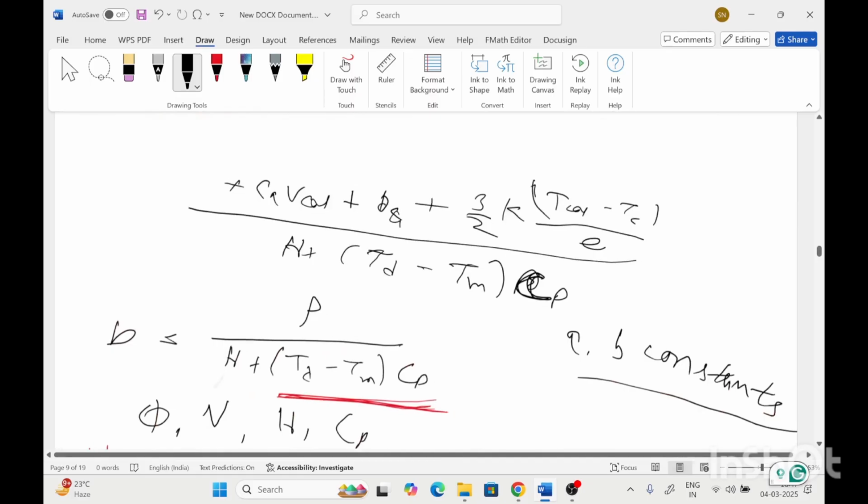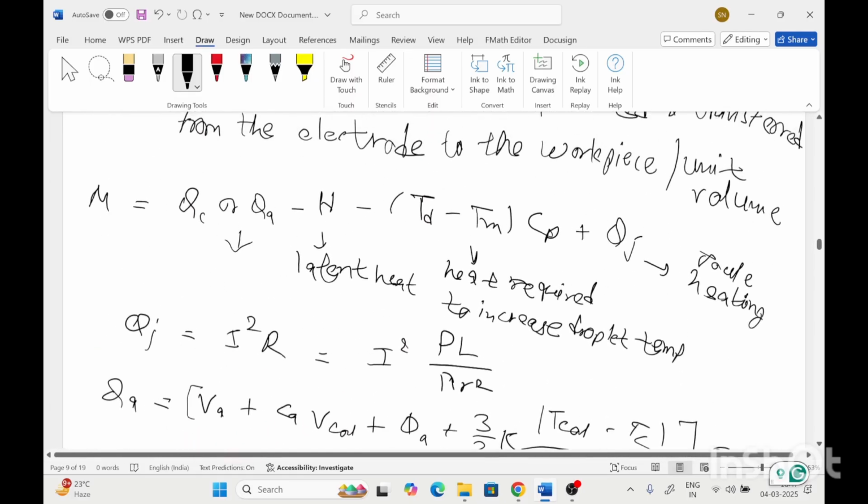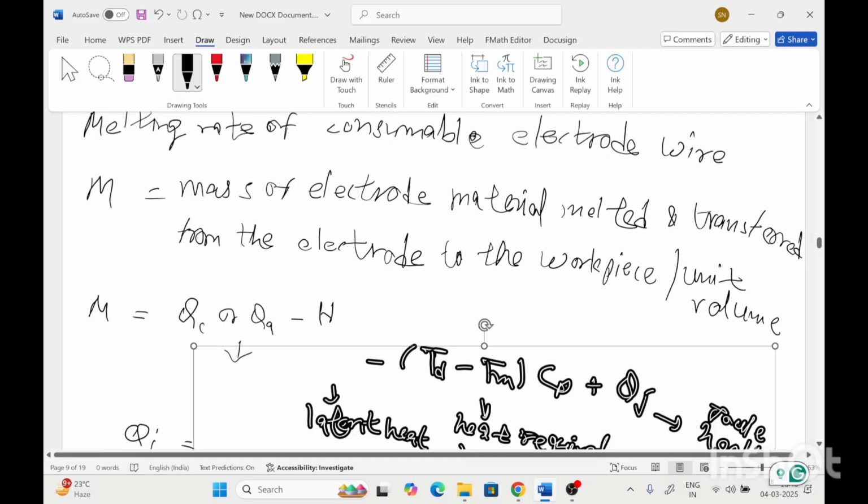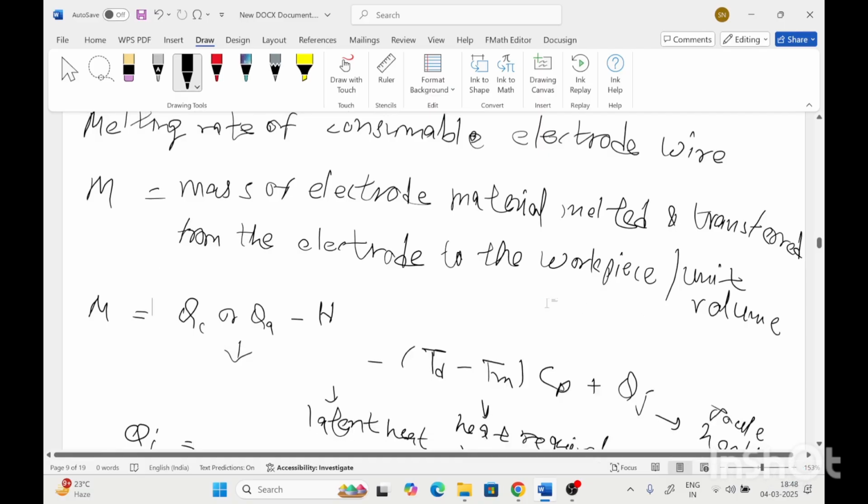So here I calculated the melting rate. Melting rate can be written as the mass of electrode material melted and transferred from the electrode to the workpiece per unit volume.